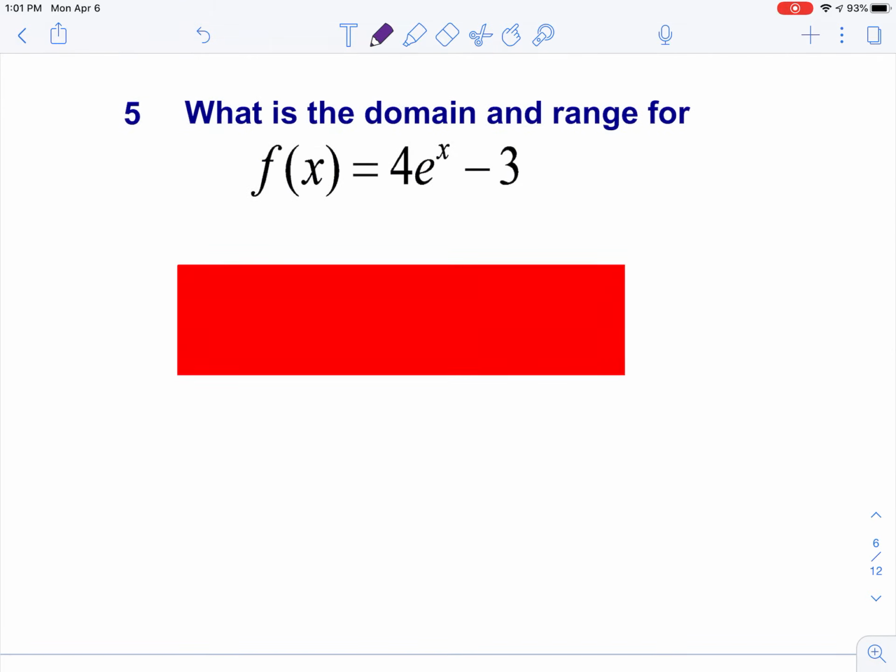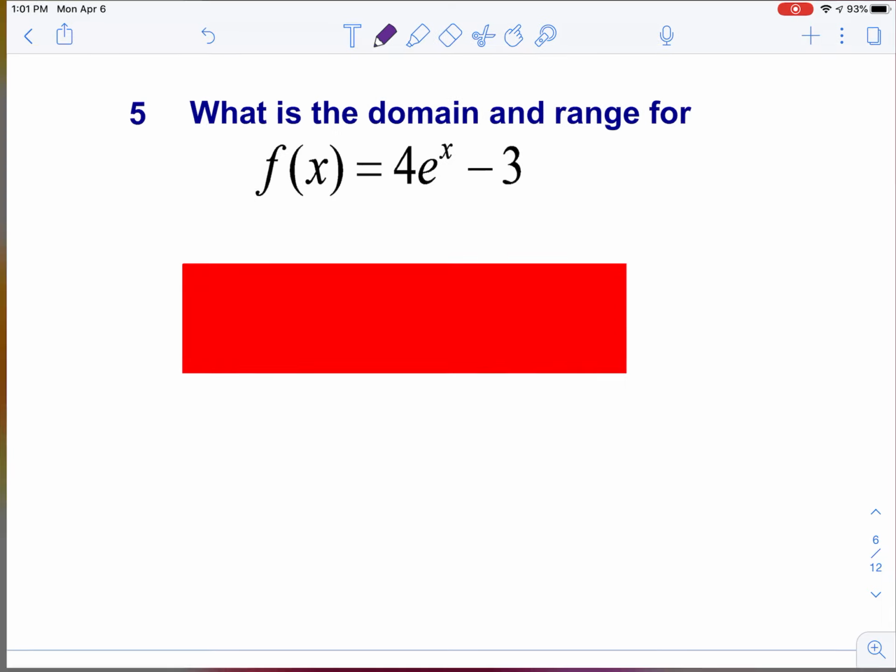Okay, so for this problem, we are going to be graphing on your graphing calculator or Desmos. I'm going to pull up my Desmos.